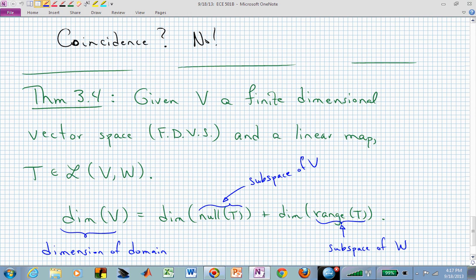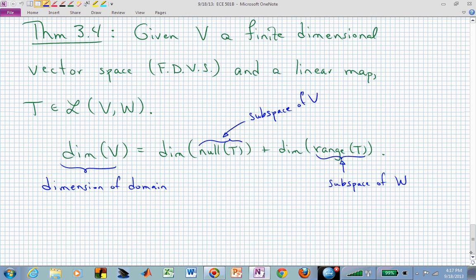And we had a one-dimensional piece of our domain that would map into the zero vector of W. But given a finite dimensional vector space V as our domain, then we know the dimension of that domain, which was 3 in our example, is equal to the dimension of the null space of the linear map plus the dimension of the range space. Let's see if we can work our way through the proof of that theorem.